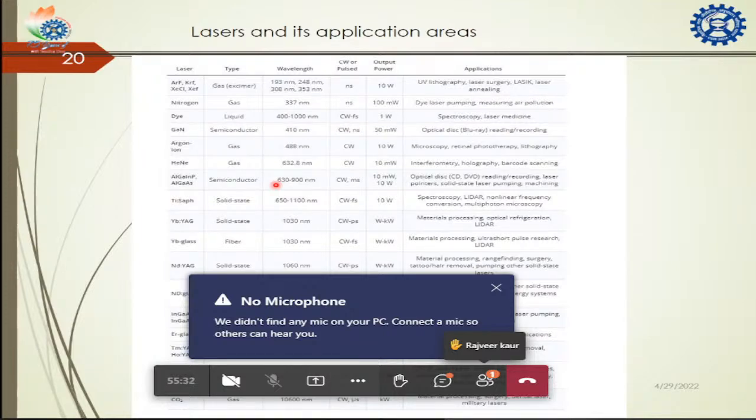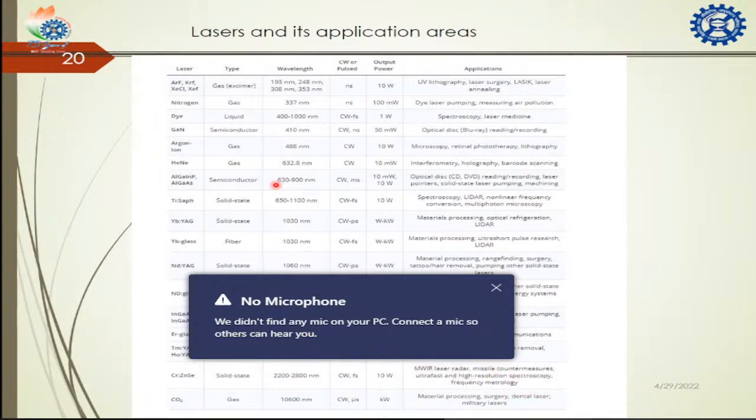They have different applications also in lithography and laser annealing. So gas lasers are used basically for laser surgeries and operations. In terms of kidney stone removal and dentistry, we use solid state lasers also, which have a wavelength around 2.1 micron, 2 micron lasers. So these are for different laser applications for medical purposes.